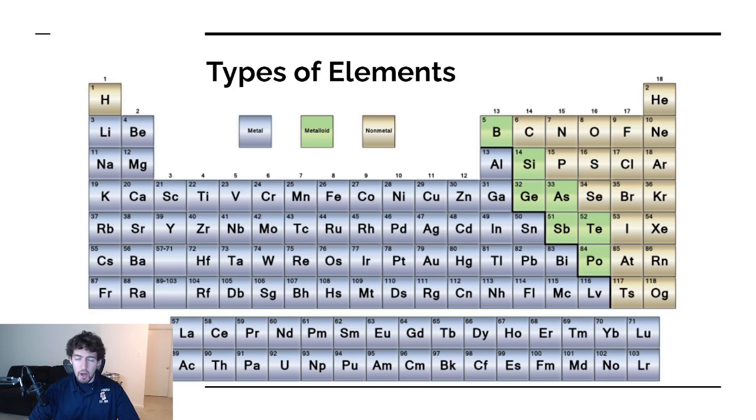They have low conductivity of electricity and heat. Metalloids are kind of in between, so they might have properties of metals and nonmetals at the same time. But again, the biggest thing to note is that the vast majority, the left side of the periodic table, including these bottom two rows, these are the metals. Over here on the right, we have the nonmetals, and then we need to also include hydrogen in that characterization of the nonmetals.